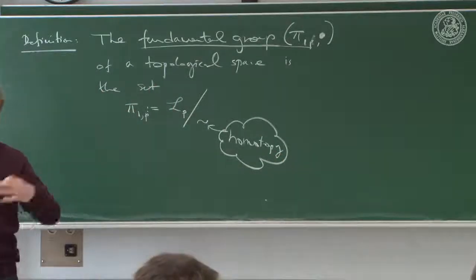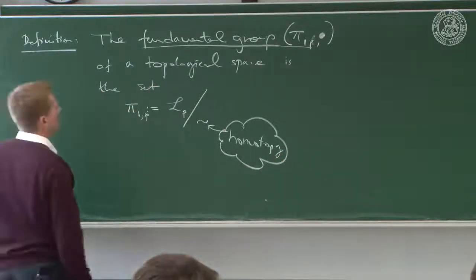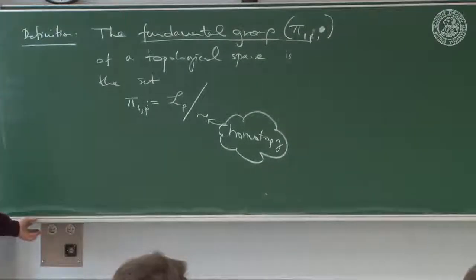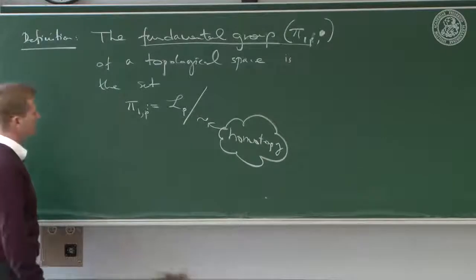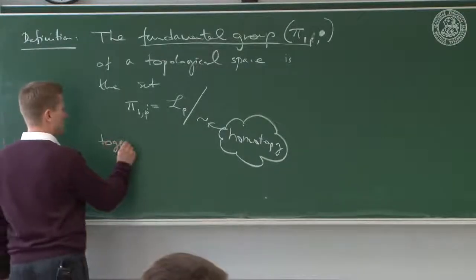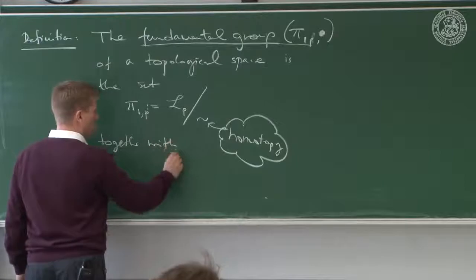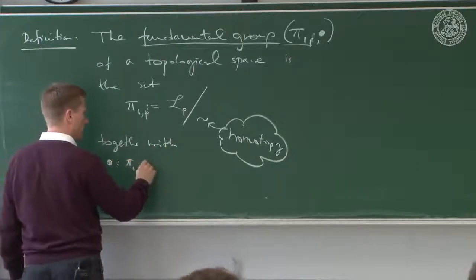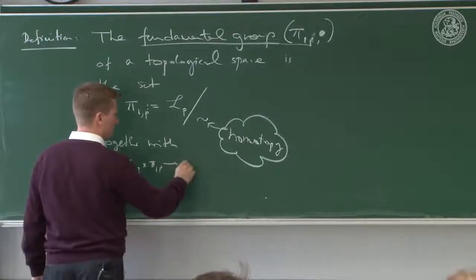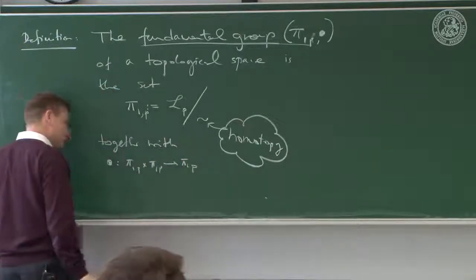Ignore everything that can be continuously deformed. Okay? It's the loops, but under identification of all the loops that are homotopic to each other, together with the blob operation, and blob takes you from pi1p cross pi1p to pi1p, as it should.